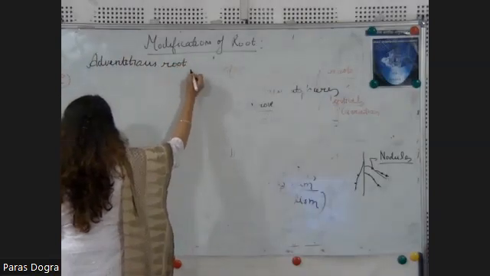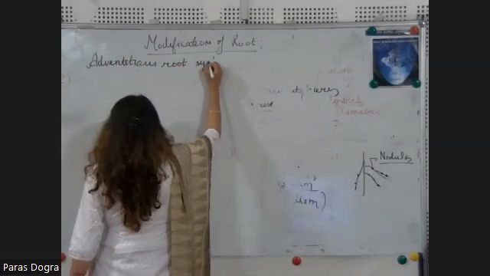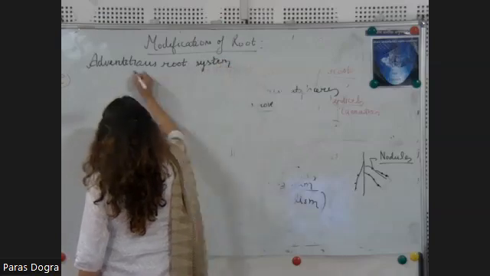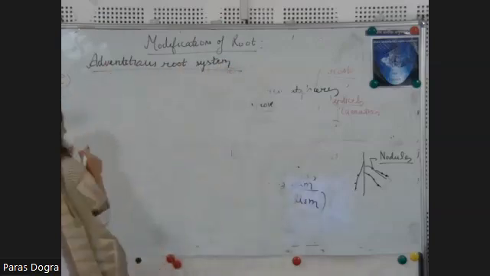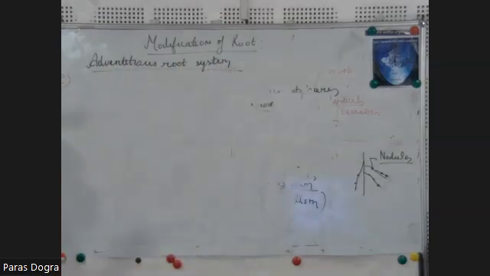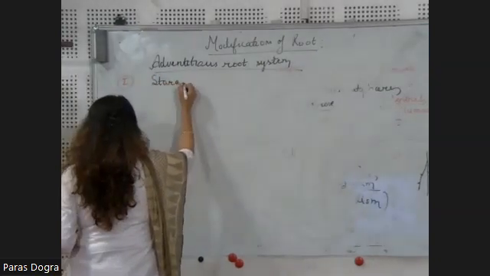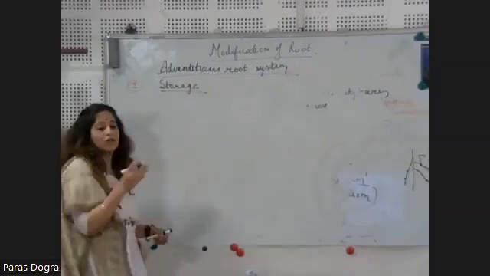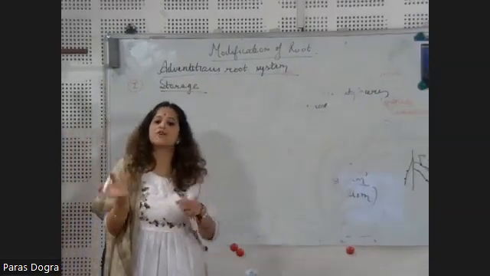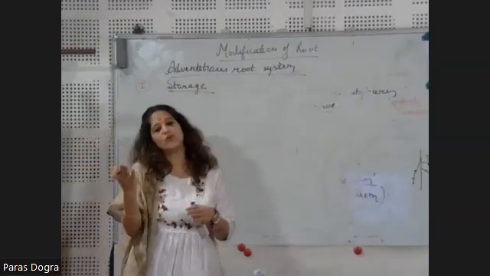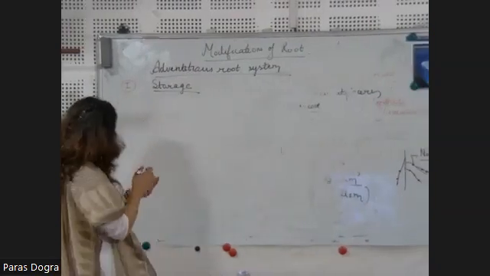Here also, we will be dealing first with the first category, adventitious roots which are modified for the purpose of storage. There also, the taproots were modified for the purpose of storage. Here also, the roots are modified for the purpose of storage.